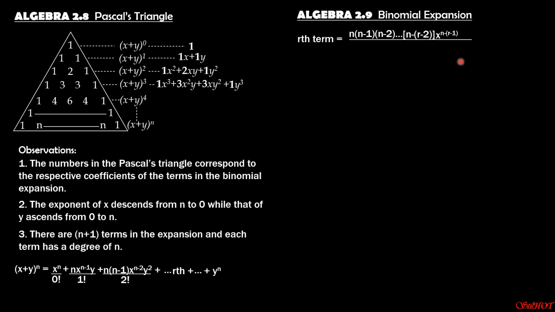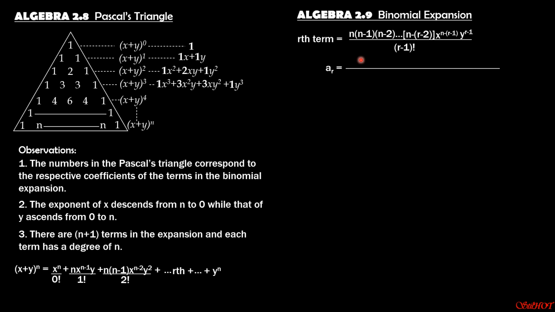Then whatever is subtracted from the exponent of x, like for instance here, n minus 2, that's also the power of the second term y. So y raised to r minus 1. Then the whole term is divided by the exponent of y in factorial form. I hope that you understood the explanation based on this observation and pattern.